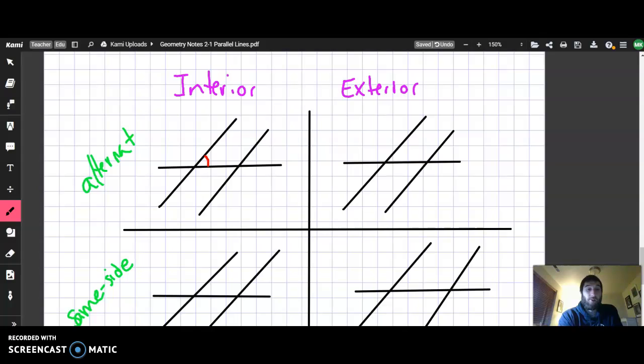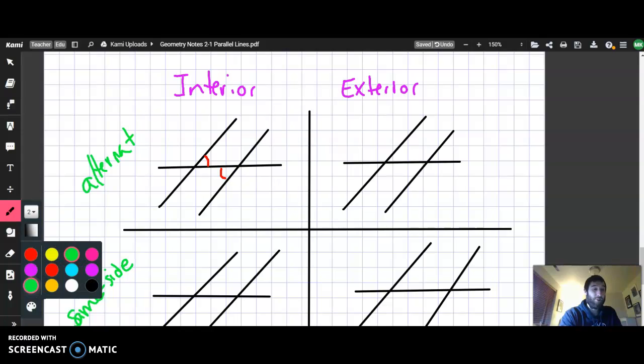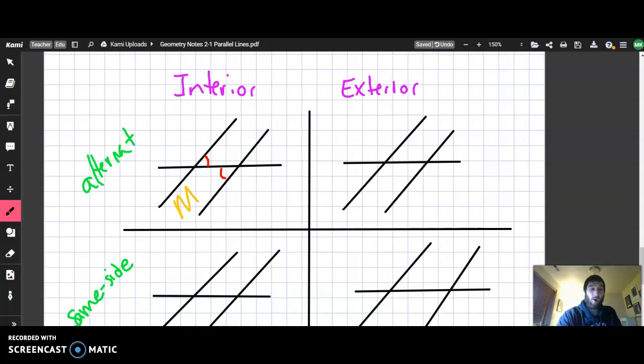So the other angle is going to be below. So it's the alternate part of the transversal, but still inside of our parallel lines. And to help emphasize that inside piece, all of this is inside the parallel lines. It's between the parallel lines, so it's interior of the parallel lines.